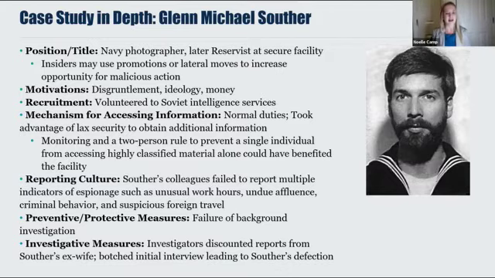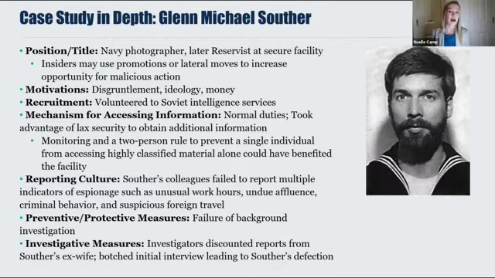He primarily accessed the information that he stole over the course of his normal duties. He had access to a wide variety of classified information in his position at the secure facility as a reservist, but he also took advantage of lax security within the facility to obtain additional information. For example, Sutherland would often come in late at night.